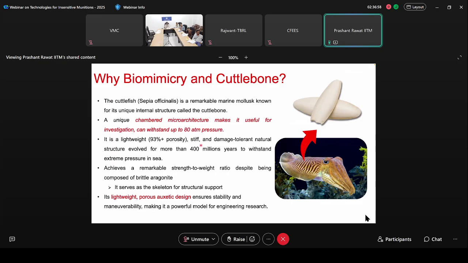After investigating this fish bone for 2-3 years, the overall conclusion is that this bone structure is a very lightweight, porous auxetic design which could be useful for high compression, impact, or blast loading situations.